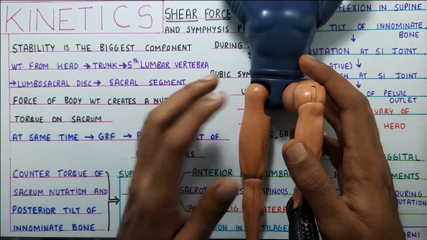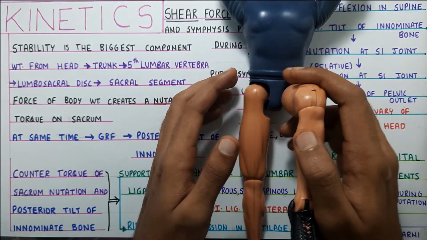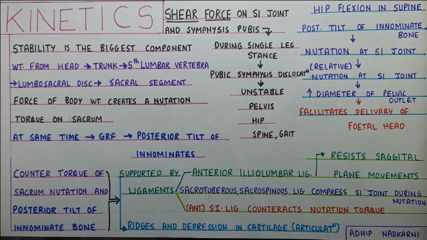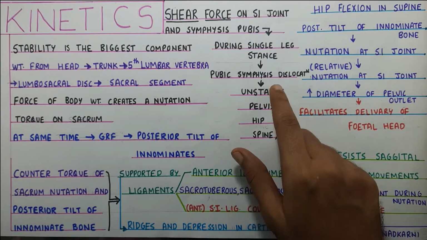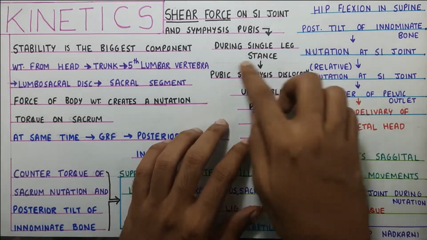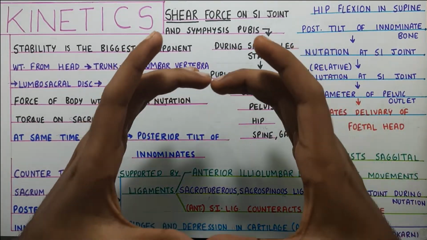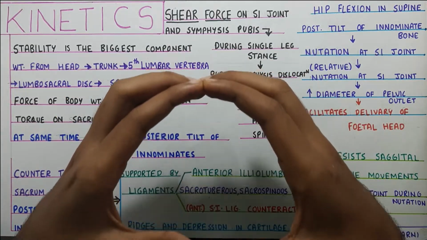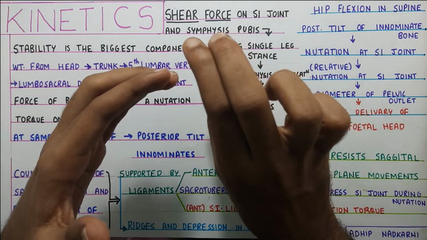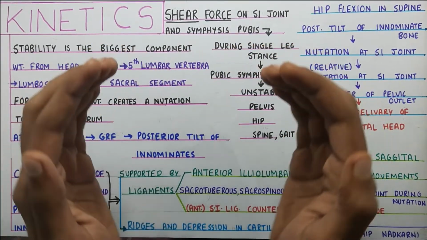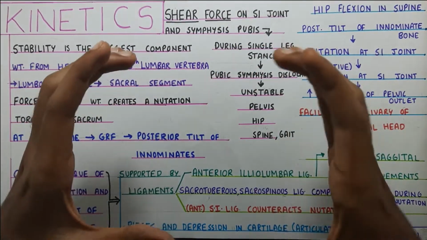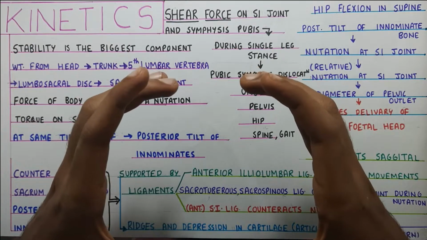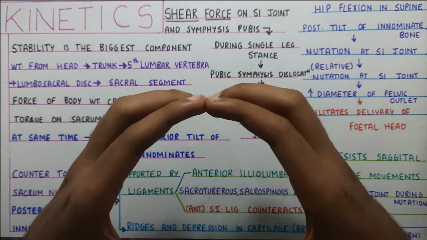Now normally the shear force isn't a problem, but if there is any dislocation or previous instability at the pubic symphysis, it matters because the pelvis is a complete closed kinematic chain, basically your sacrum in the middle, then the two innominate bones, and the joining makes it a closed loop, which makes it very stable.